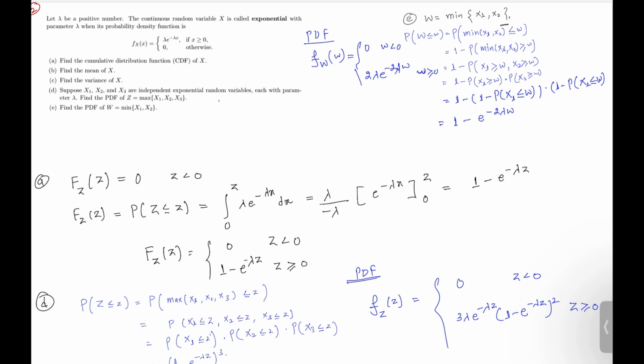What I have done is simply differentiate the CDF. This is the probability density function of the random variable W.